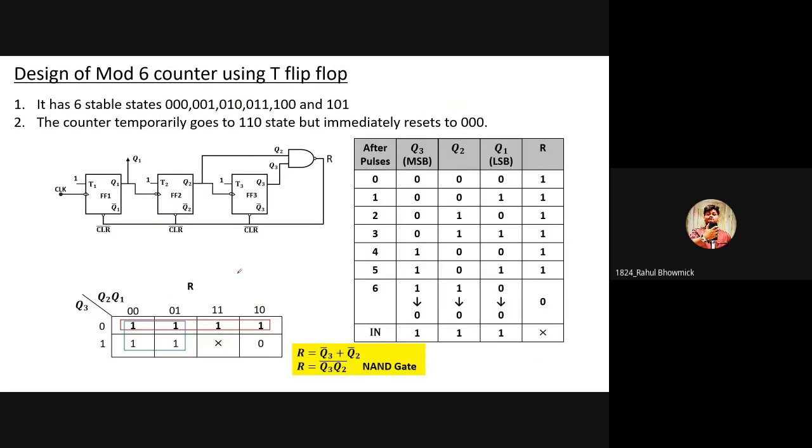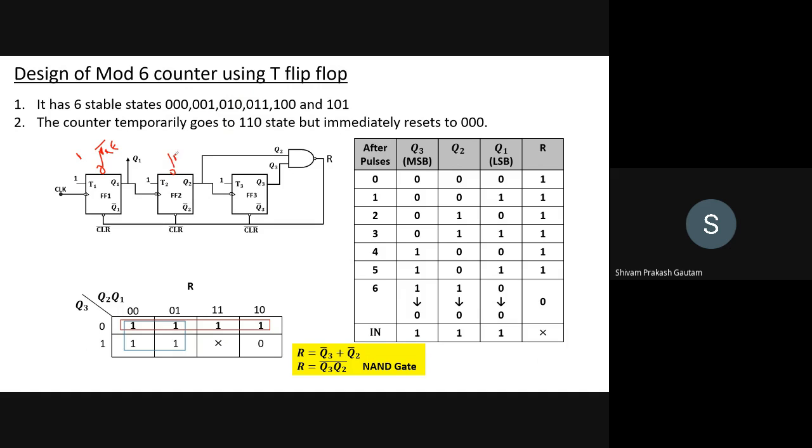But preset in active high will give Q equal to 0. How will it give that? I'm not understanding. As in the diagram here, the clear is given in active low, so cannot we give preset in active high? It will also give Q equal to 0.